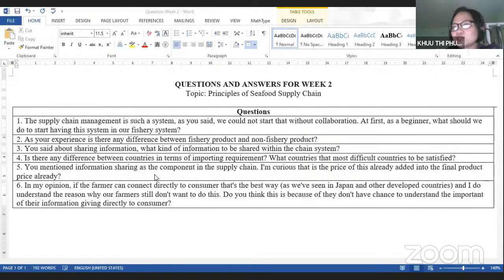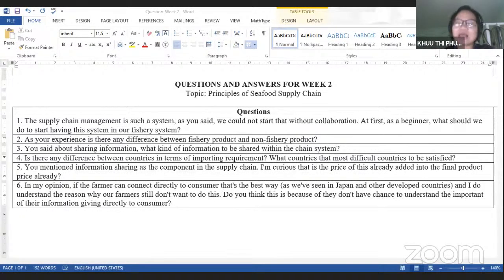The fourth question is, is there any difference between countries in terms of importing requirements? Which countries are the most difficult to be certified? Yes, as I mentioned, countries have different requirements in terms of importing.